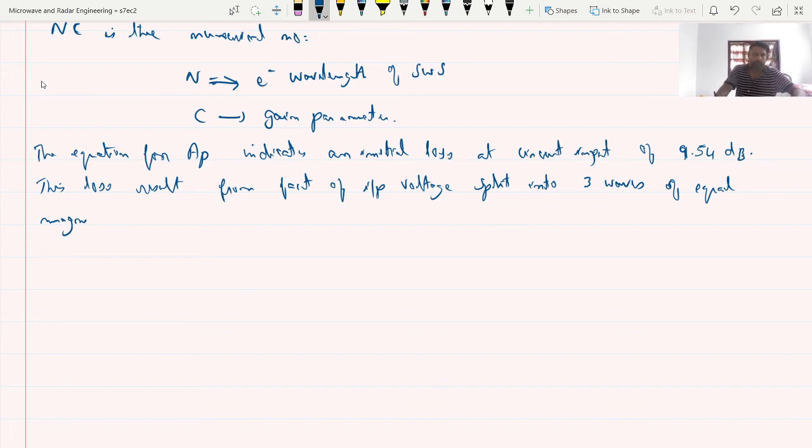Three waves of equal magnitude, and the growing wave voltage is only 1/3 of the total input voltage. Okay. So your power gain will be proportional to NC, that is a numerical number.